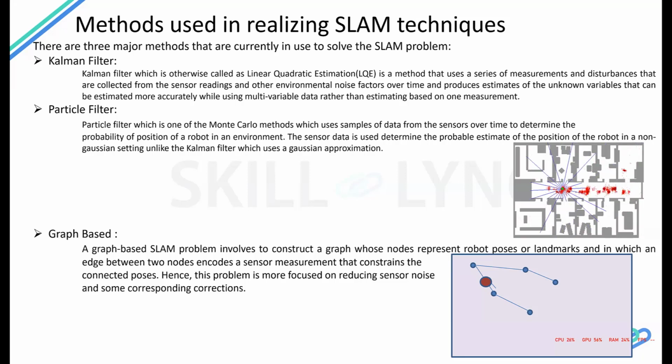Let's say we're talking about the green dot shown in the bottom picture in the middle. What is it trying to do? It is trying to take measurements, and it is trying to map the environment as well as estimate its position based on the information that it has available.